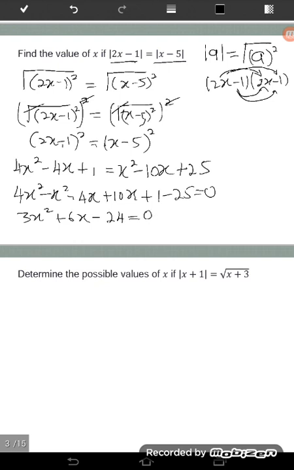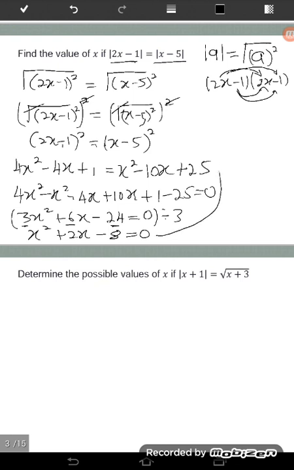Okay, so kalau kita tengok ni sifar 3, ni sifar 3 dan ni pun sifar 3. So kecilkan, so you will have divide by 3. So x square plus 2x minus 8 equal to 0.